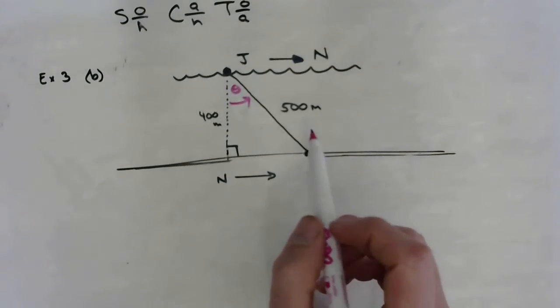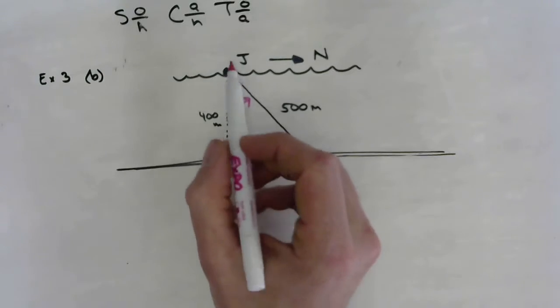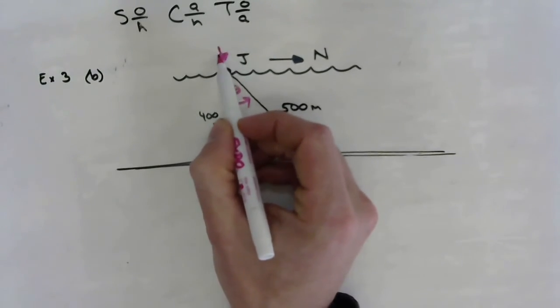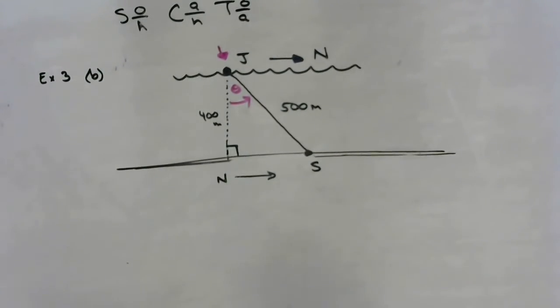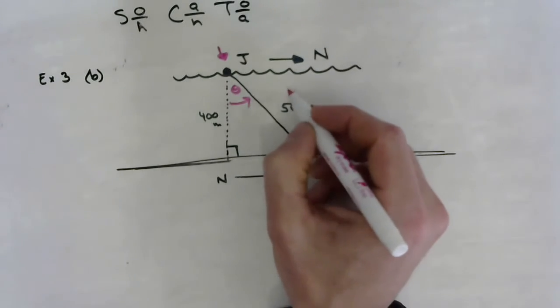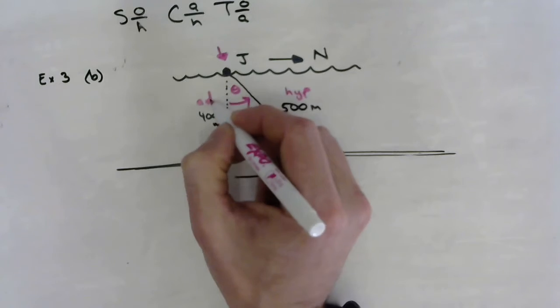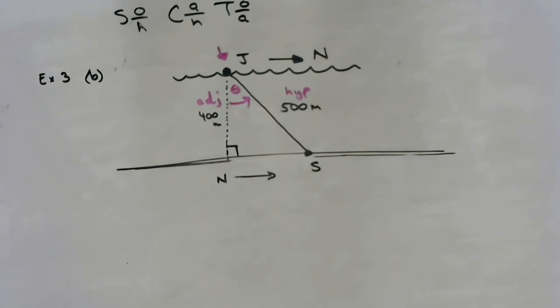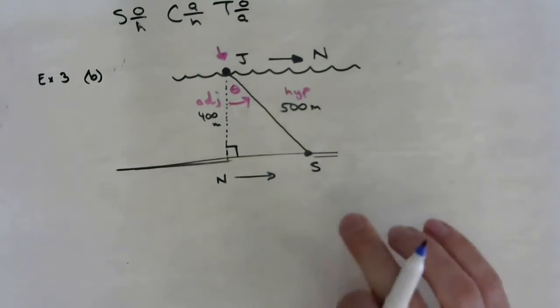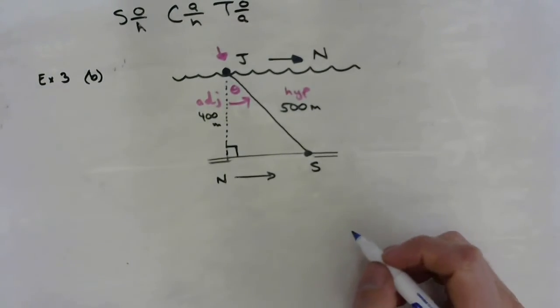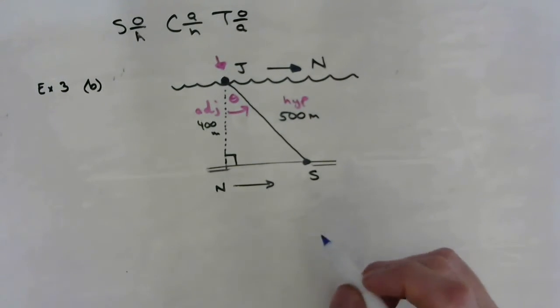Now if I'm looking from Captain Jack, what side lengths do I have? You have the hypotenuse and the adjacent. So which ratio am I using? Hypotenuse and adjacent, yeah. I'm going to use cosine.